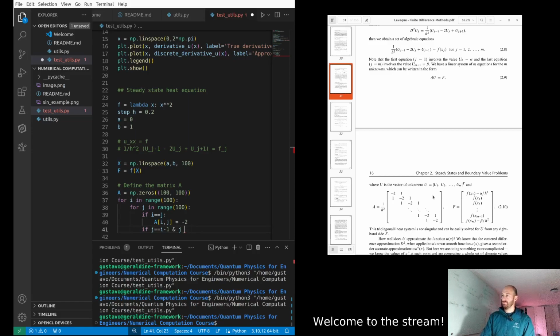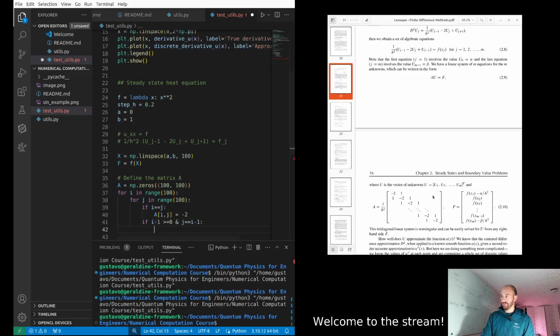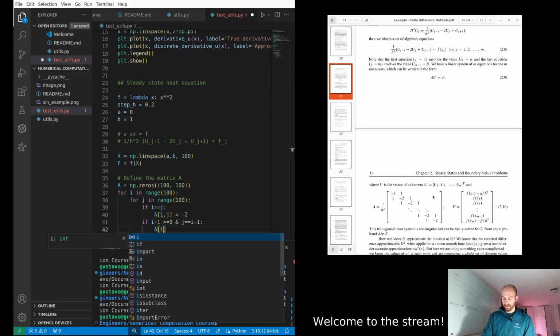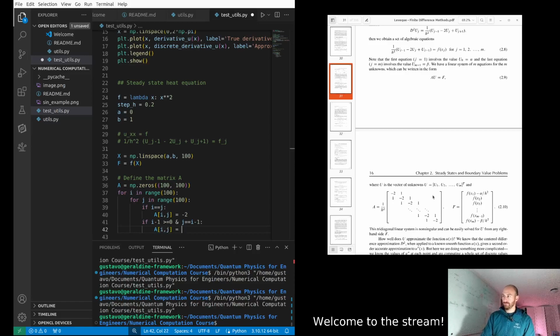Sorry, what would j be? So if i - 1 is greater than or equal to 0 and j is equal to i - 1, then A of i comma j is equal to 1.